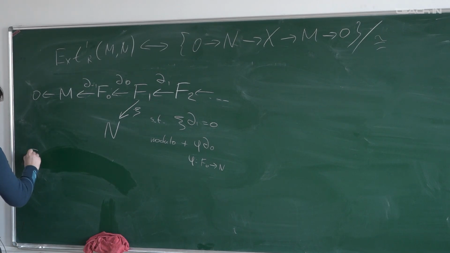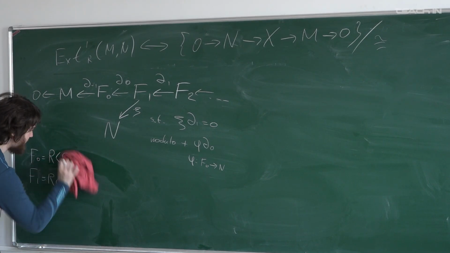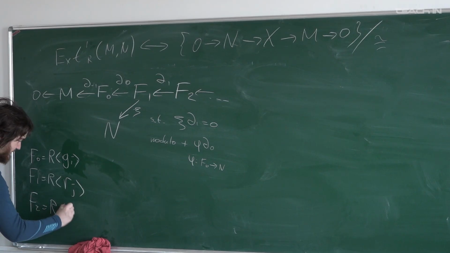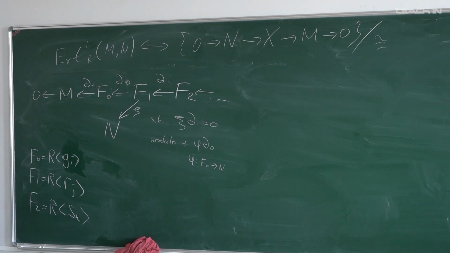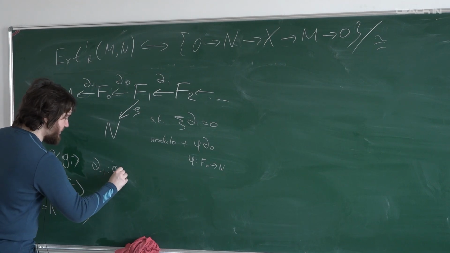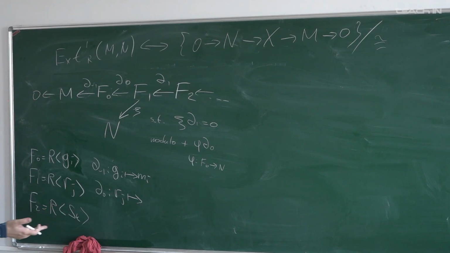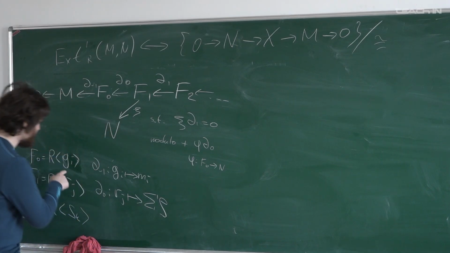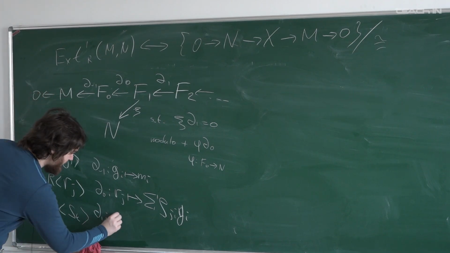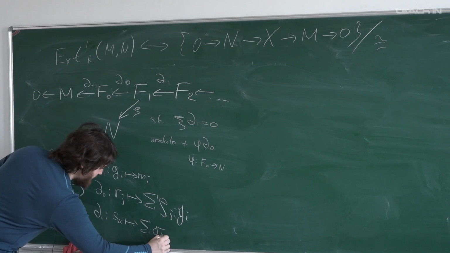Suppose F0 is a free module with basis e_i, F1 is a free module with basis g_i, generators kind of, r_j are relations, and F2 has the first syzygies s_k. And d minus 1 sends g_i to some generators m_i, d0 sends r_j to some basic relations between the basis of F0, and d1 sends s_k to some relations between relations, sigma_kj r_j.